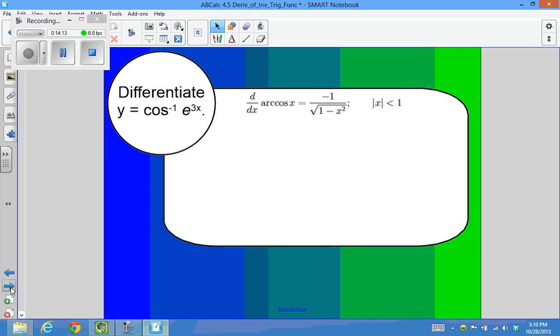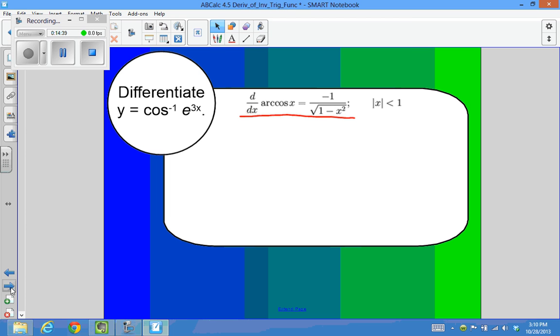Okay, so let's differentiate now arc cosine x, let's differentiate y equals inverse cosine of e to the 3x. I put your formula down over here because I don't have to derive this anymore. I know it now, or at least I should know it. These have got to be memorized. So I've got it right there. I'm going to show you how to use that without having to derive it like we did on the earlier one.